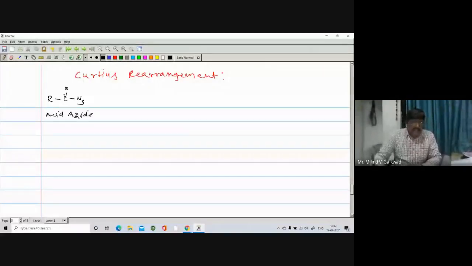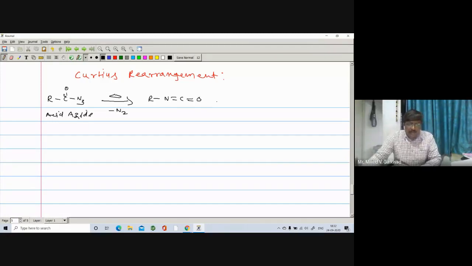When you heat the acid azide, there is a removal of nitrogen gas, and there is a formation of again the corresponding isocyanate. And isocyanate further reacts with water. There is a formation of the corresponding amine with CO2.